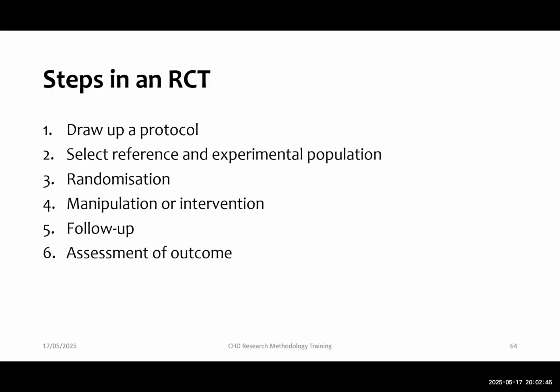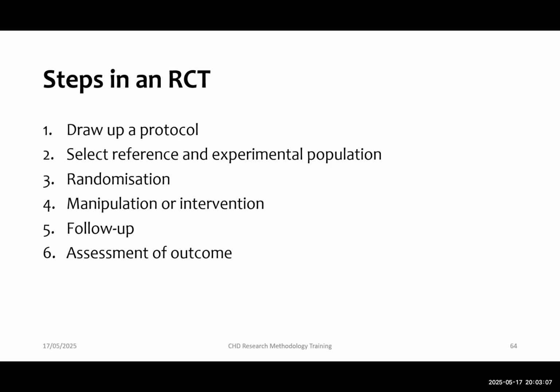You must select who your intervention or experiment group is and who your control or reference population is. They must be clearly stated. The eligibility criteria of what places one person in one group and another in the other group must be written and adhered to. And then you must randomize.